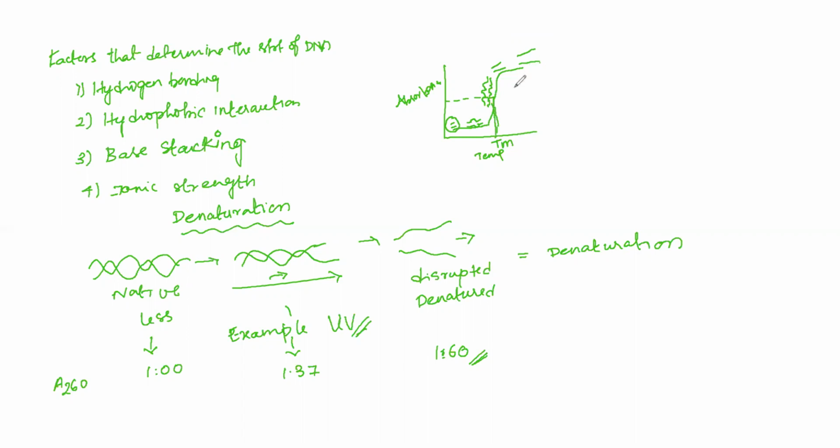Here you can see, before the rise the molecule is fully double stranded. Then the rise begins, the base pairs are broken, and this increases with the increase in temperature. The strands get separated at a critical temperature.